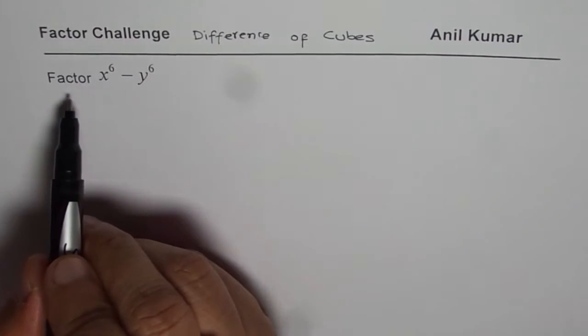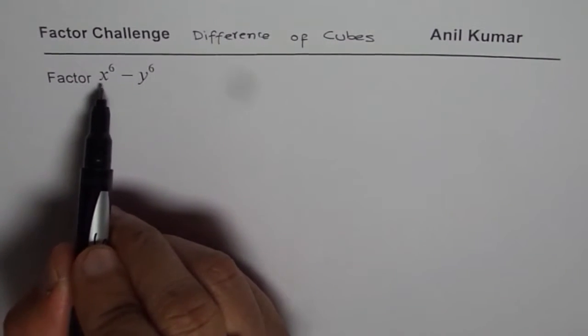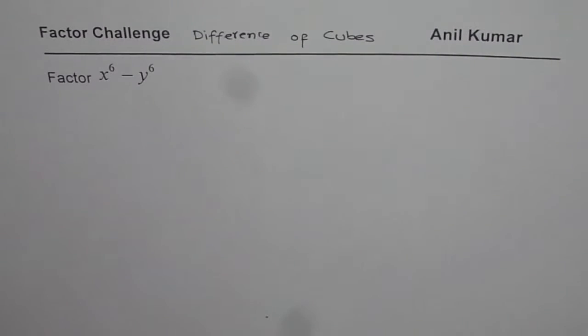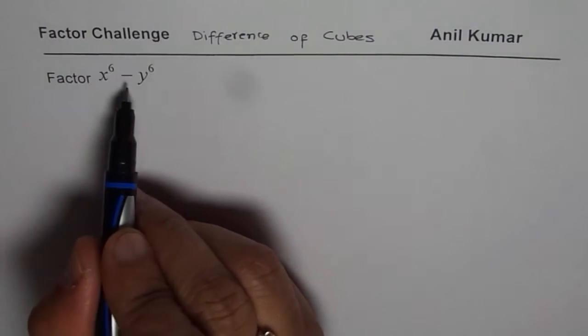Example for us is factor x to the power of 6 minus y to the power of 6. Now this question is very interesting, and at times I've seen students asking one particular question, and that is, there are two ways to do it.